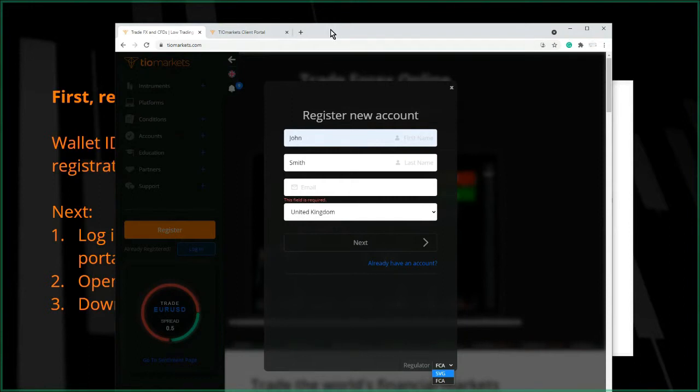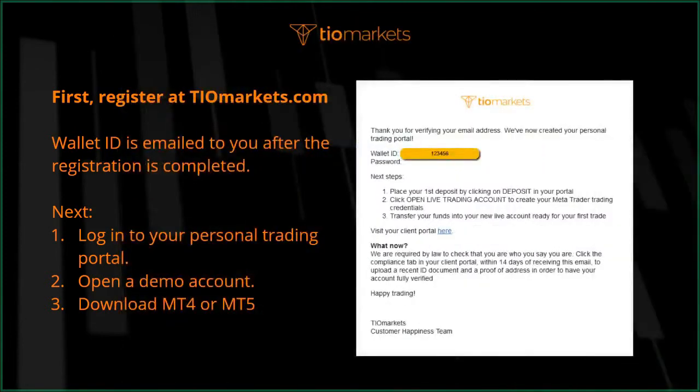registration done, then you are emailed with this. I'm going to show you. Basically, you get the wallet ID emailed to you and the password. You know this because you have completed the registration just a moment ago. Always make a note of what the password is.